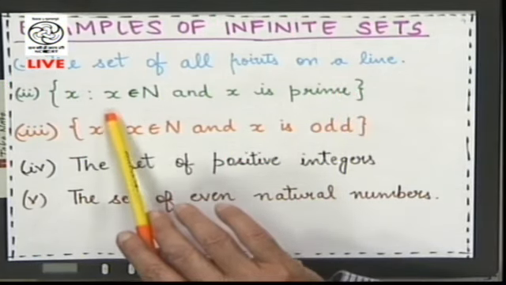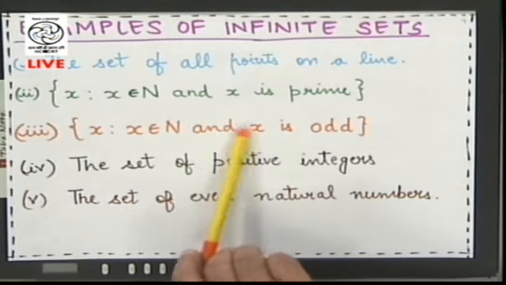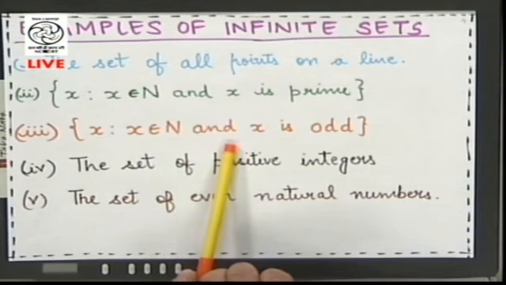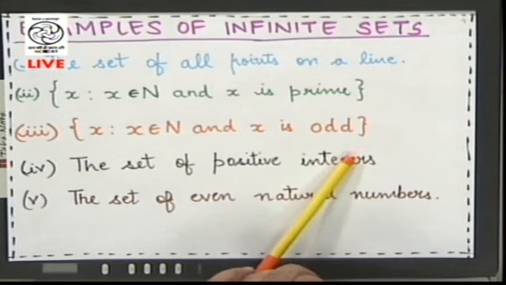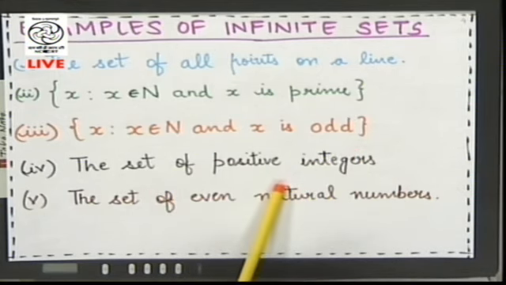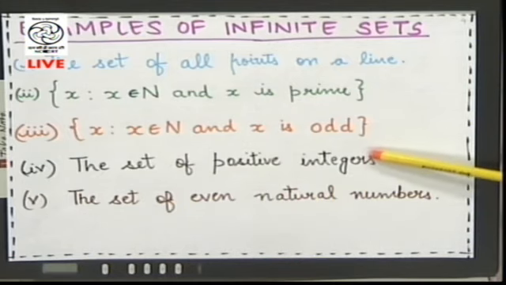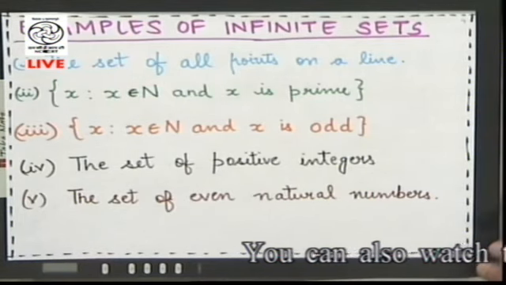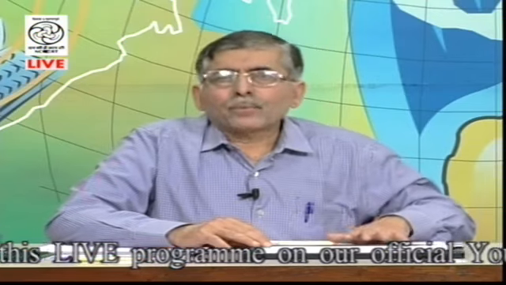And second, x such that x belongs to N and x is prime, because there are many prime numbers, and x belongs to N and x is odd. In this case also we will get infinite elements. The set of positive integers, because in this case also we will get infinite elements. The set of even natural numbers, in this case also we will get many elements. That's why these are some of the examples of infinite sets.